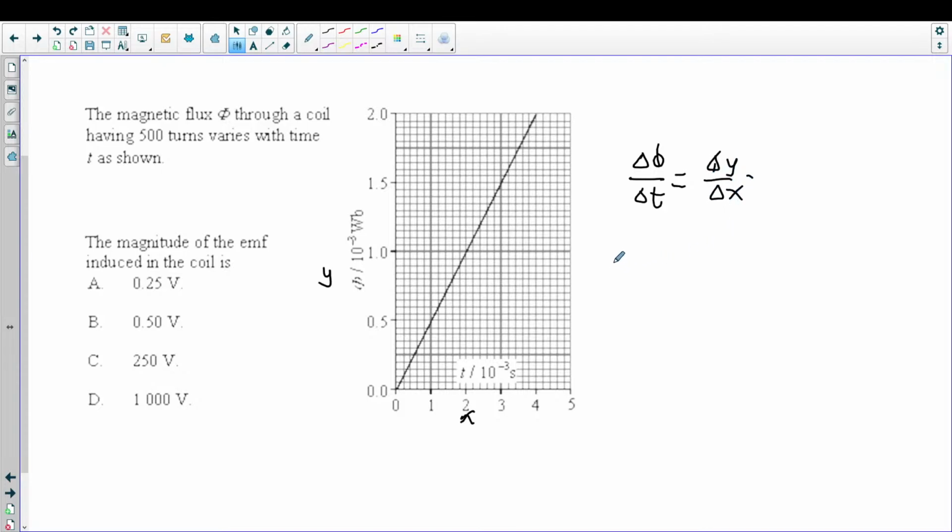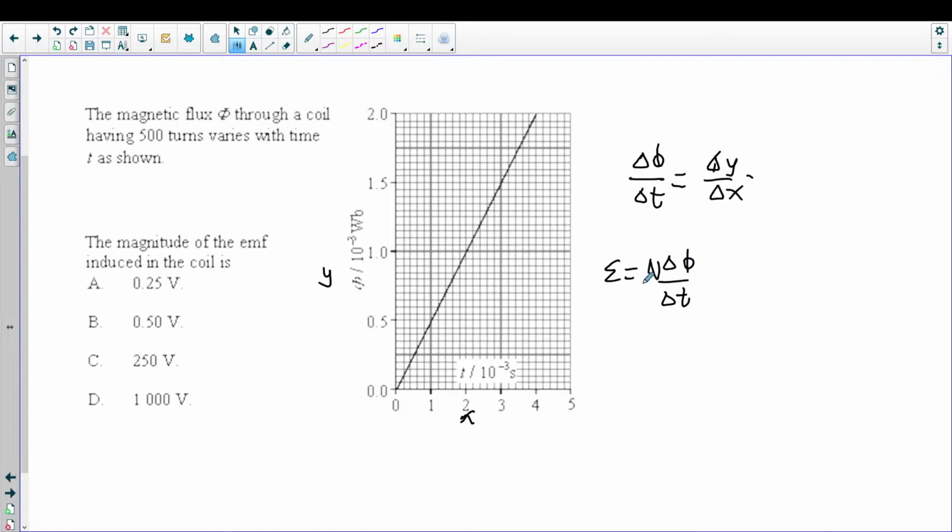Or alternatively, we can say EMF is equal to N times delta phi over delta t, where y is the changing flux and x is the changing t.